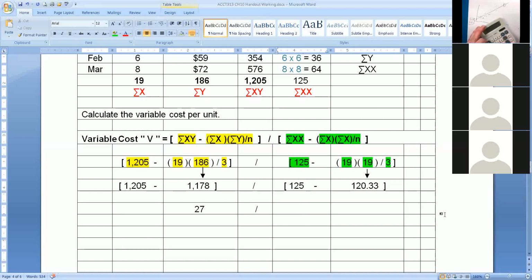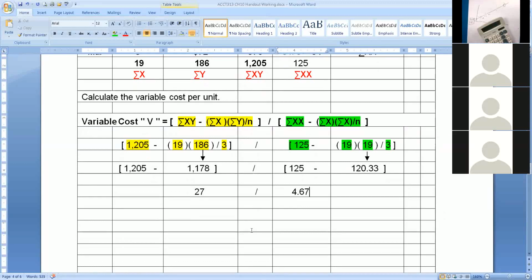I did that wrong. $467. So V equals 27 divided by 467.